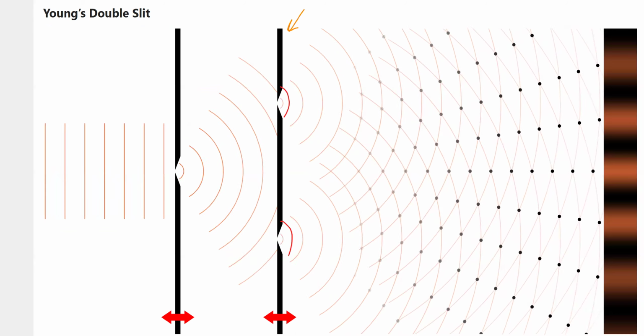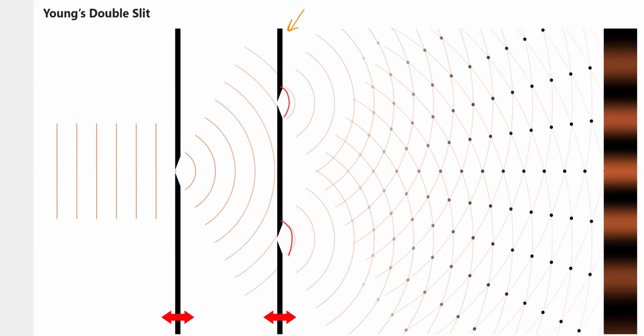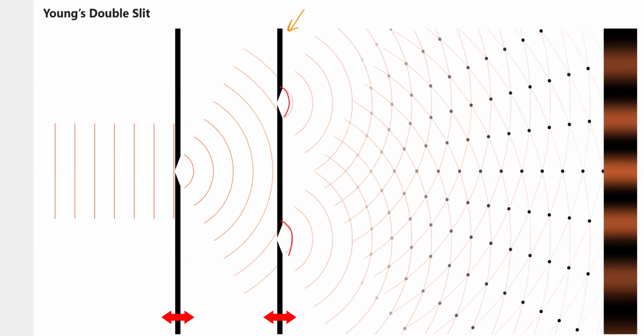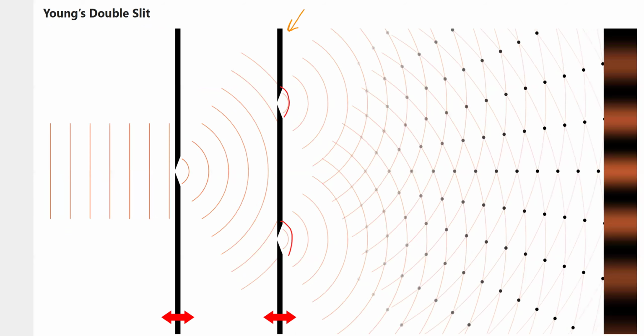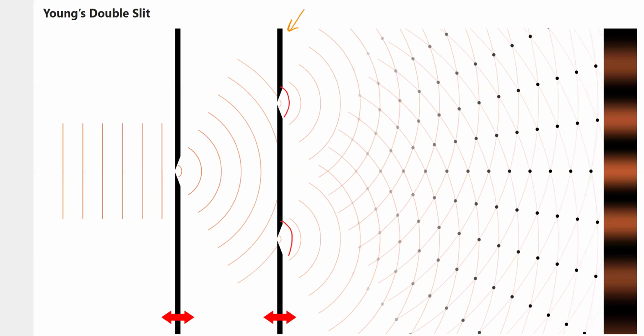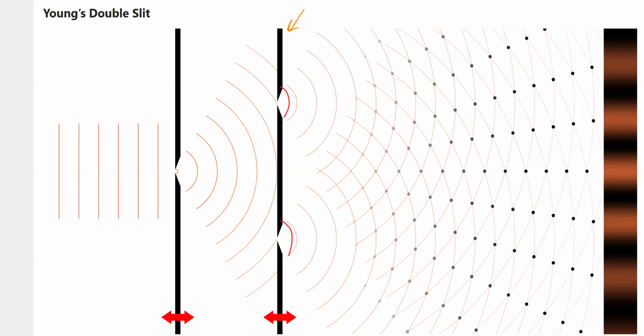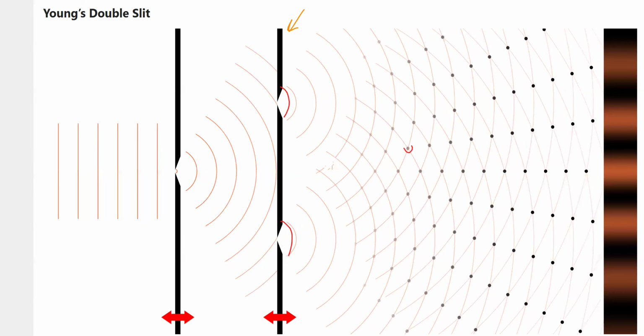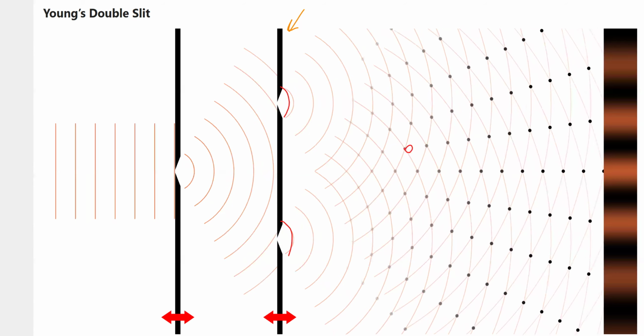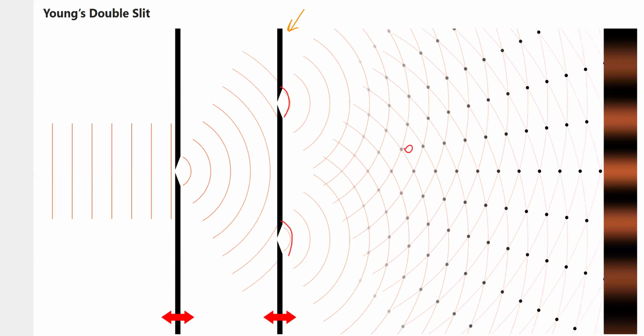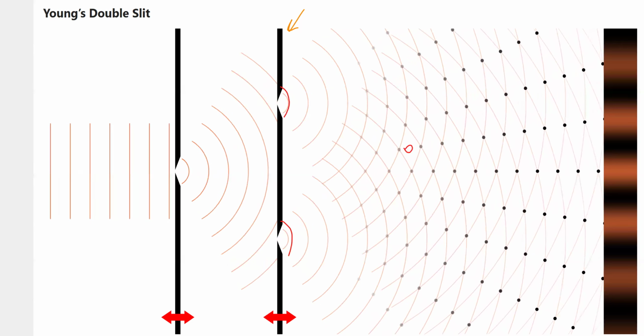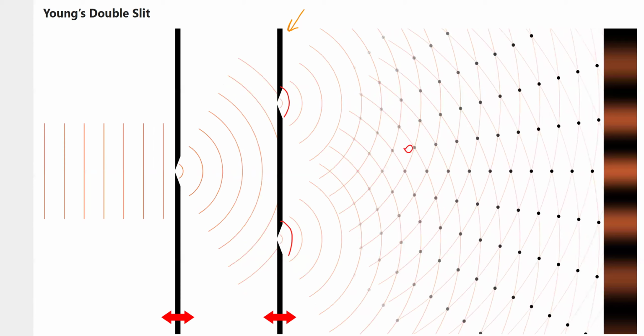What will we see? These will work like two sources of light, and the light will move like waves. And these waves, at these points, overlap with each other. When they overlap with each other, we call it interference.